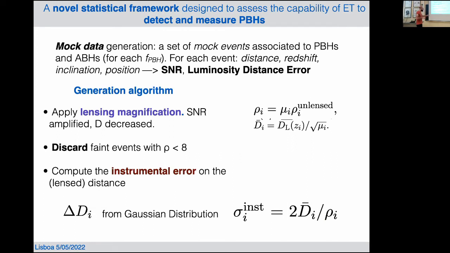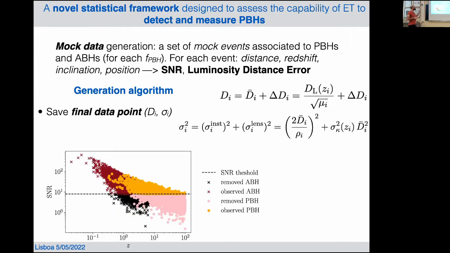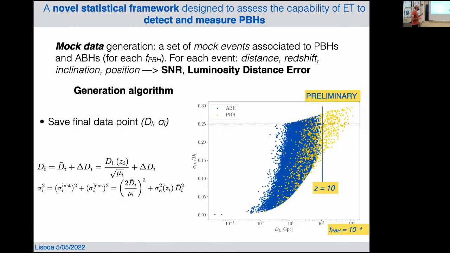So for each event in this mock data set, we are able to compute the signal-to-noise ratio and the uncertainty on the luminosity distance. So we created these mock data catalogs. I think this plot shows the situation very well. As a function of the distance, you have the uncertainty.